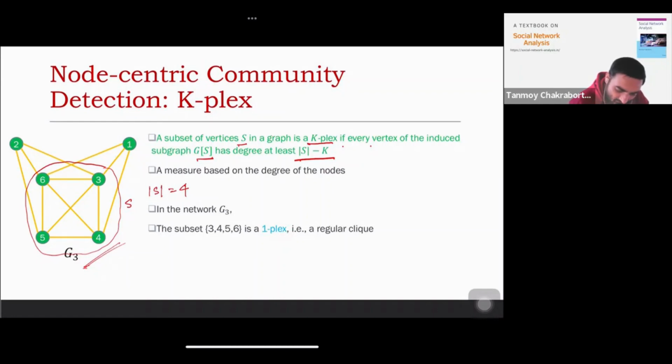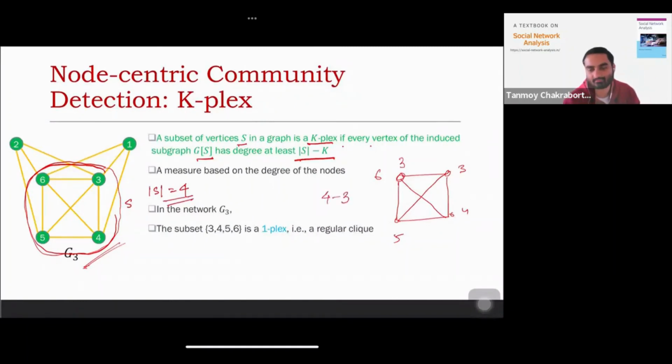When I say the degree, I only consider the induced subgraph of 3, 4, 5, 6, meaning only the edges which are connecting nodes in this set. So the degree of each node is 3, and the size is 4. So this is basically 4 minus 3, a 1-plex.